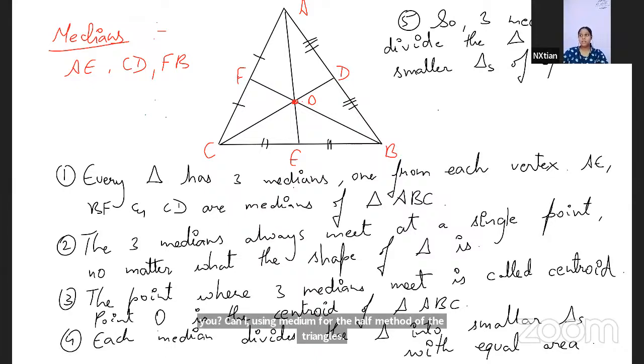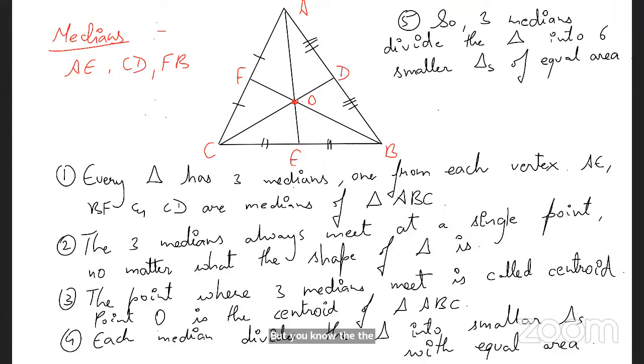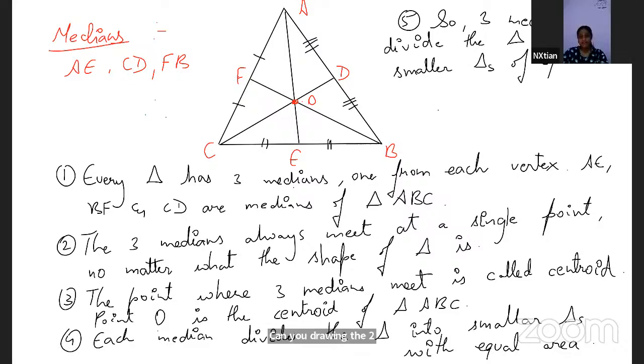Do you know the full length of the side? Yes, ma'am, it's 5.5 centimeters. But you know the center of the two other sides. Can you draw the two medians and see where the point will go?